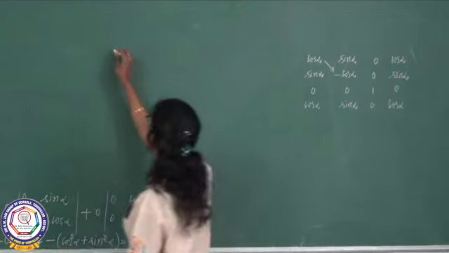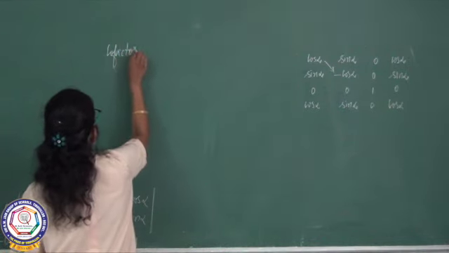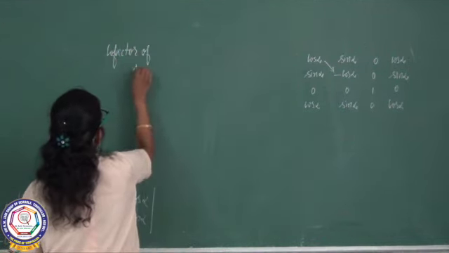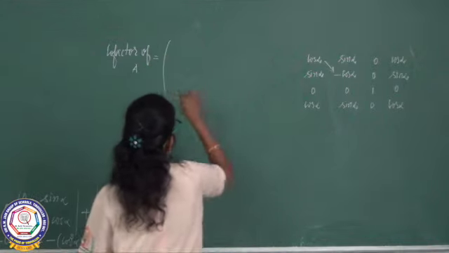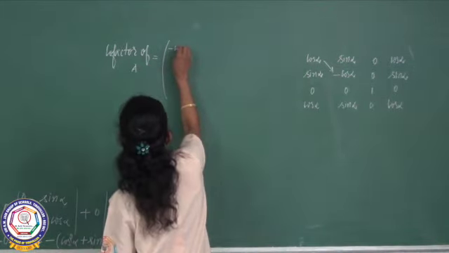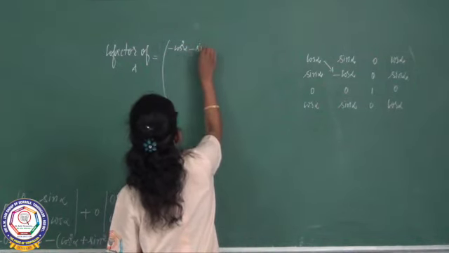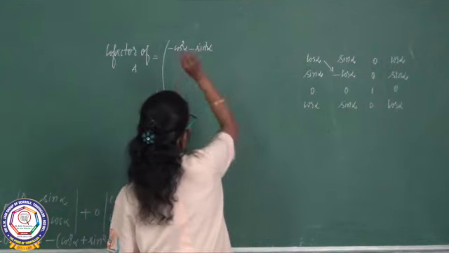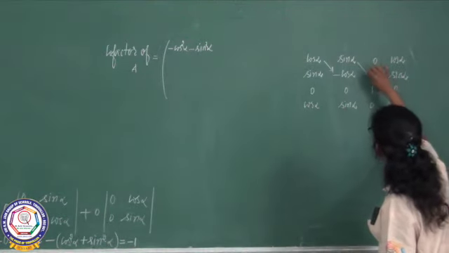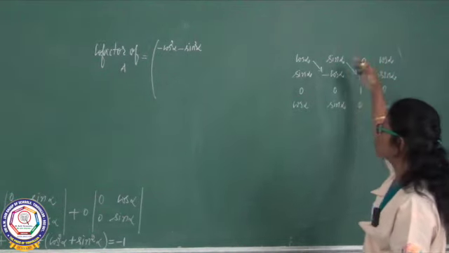Now the cofactor of A is equal to minus cos square alpha minus sin square alpha. Next, sin alpha into 0, 0, minus cos alpha into 0, 0.